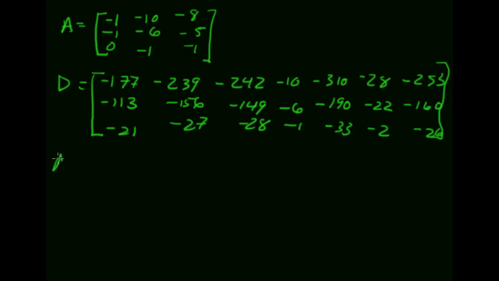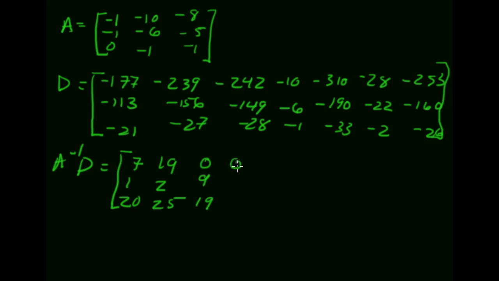Okay, so when we take the A inverse D to decode this, we end up with 7, 1, 20, 19, 2, 25, 0, 9, 19, 0, 1, 0, 4, 21, 12, 12, 0, 2, 15, 15, 11.